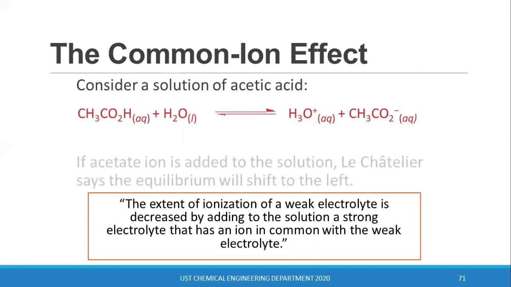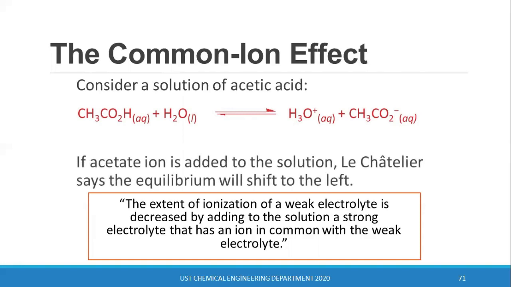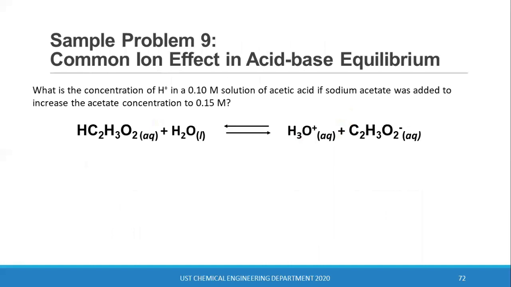If equilibrium will shift to the left, then less hydronium ions will be formed, resulting to a lesser degree of ionization. To better visualize this effect, let us try to solve sample problem 9.